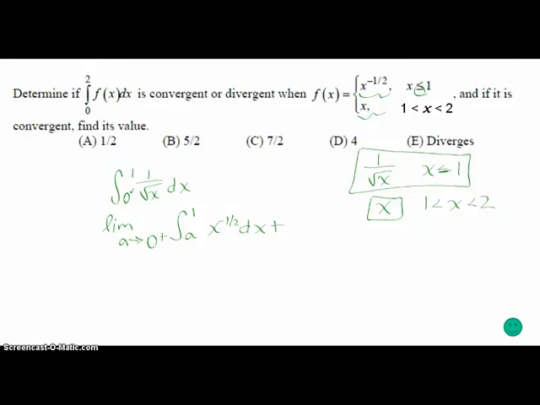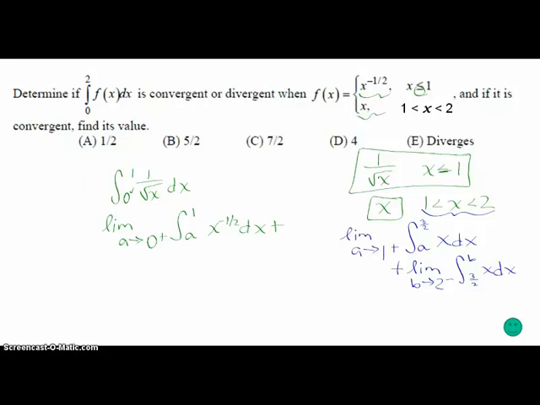So we're going to integrate the limit as a approaches 1 from the right, from a up to, and I mean any interior point here, it doesn't matter, we'll just pick the middle point, 3/2, of x dx. And then we're going to have to add to that the limit as b approaches 2 from the left from 3/2 up to b of x dx.